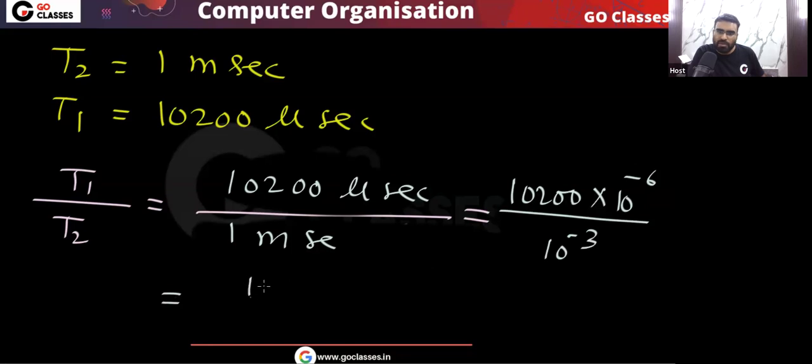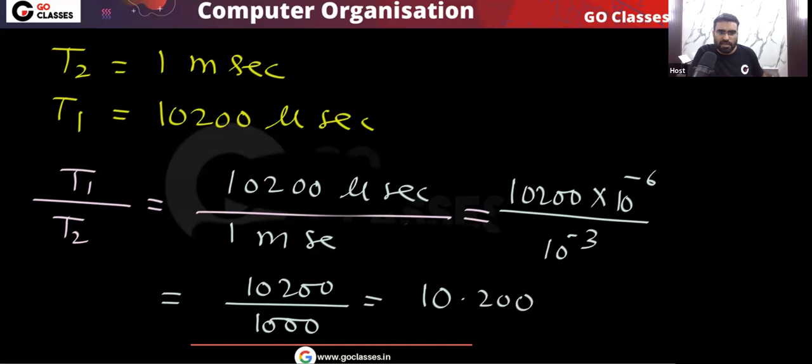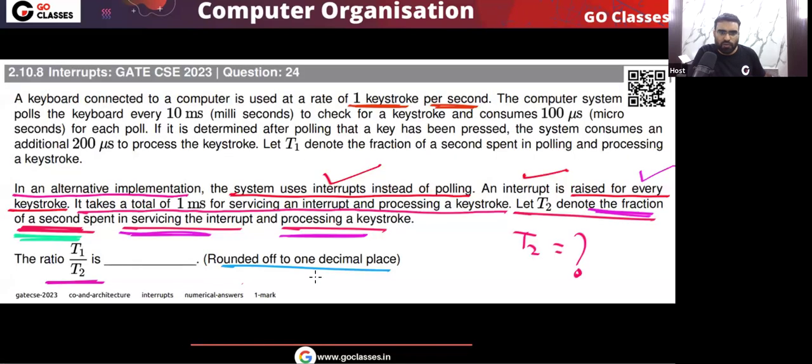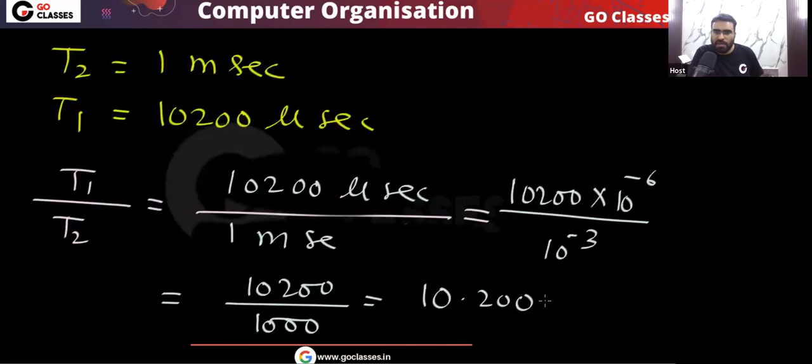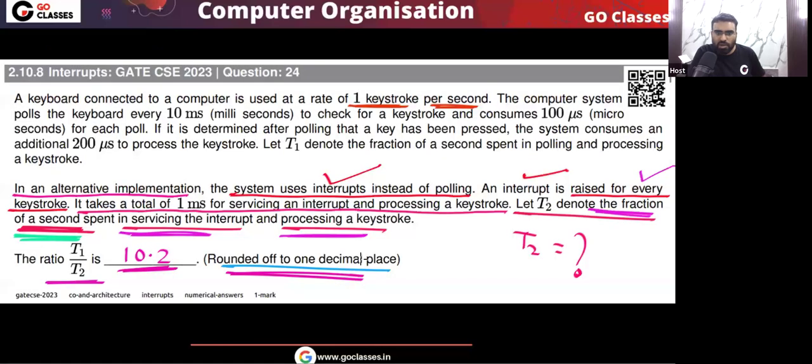So that is going to be divided by 1000, and that is your 10.2. Yes or no? 10.200. This is the answer. The question is saying rounded off to one decimal place, so the final answer will be 10.2.